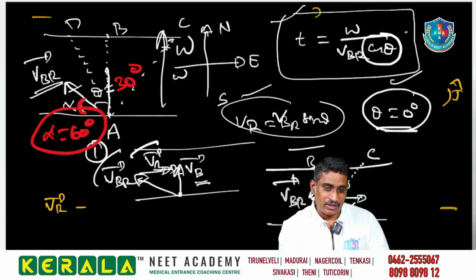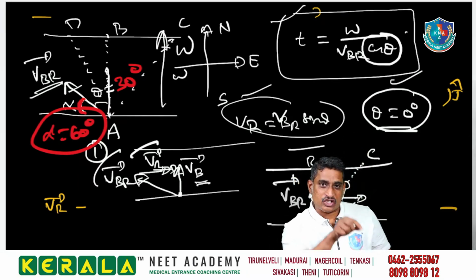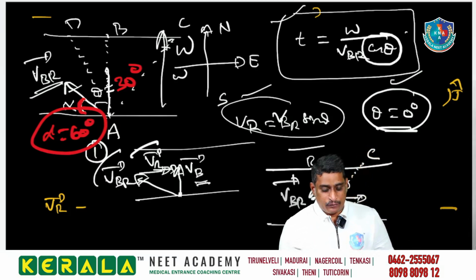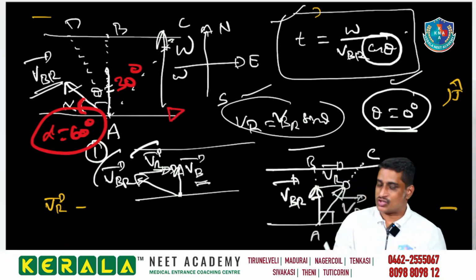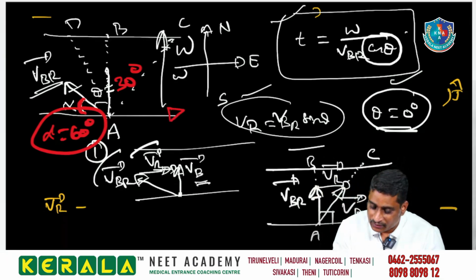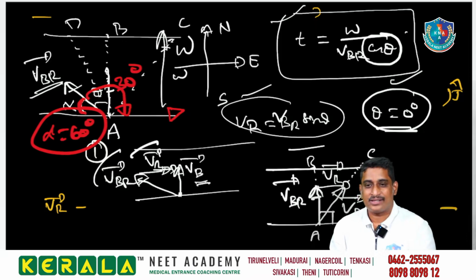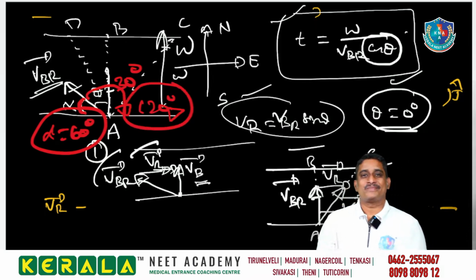That means the velocity of the boat with respect to the river is making an angle alpha of 60 degrees with upstream. If you want to express this angle with downstream, this total angle is 30 plus 90, which is 120 degrees with downstream.